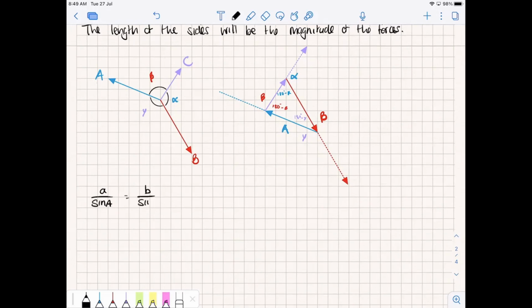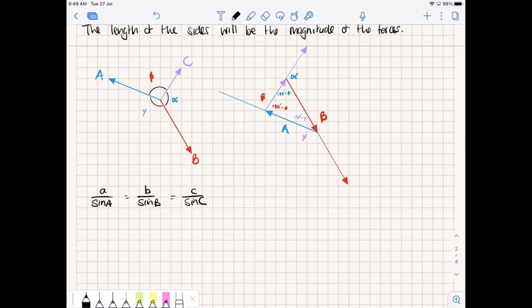B over sine B, C over sine C. Now that's the sine rule.